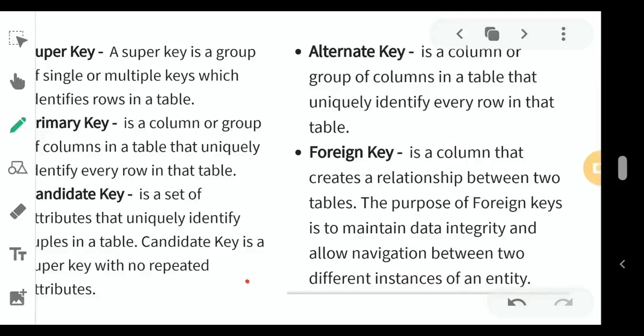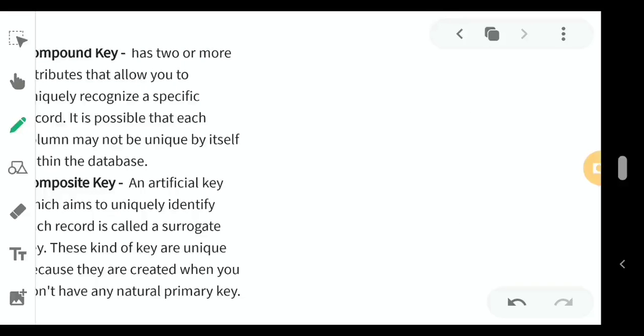As there can be more than one combination of attributes forming a minimal super key, there can be more than one candidate key for the given relation. So let's take an example, then only you can understand the concept of the candidate key.